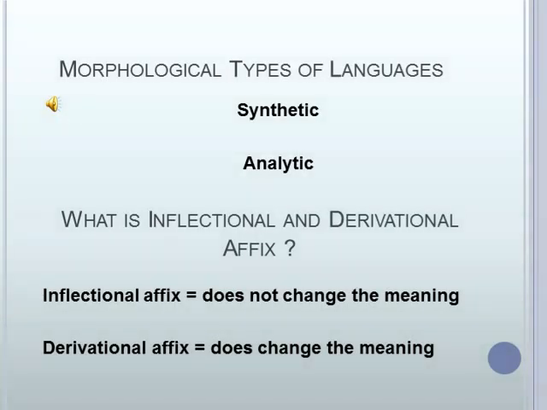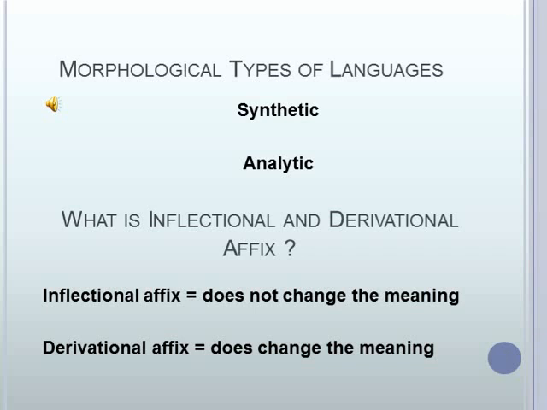Morphological types of language: synthetic, which is made up of free morphemes only, and analytic, which uses affixes as bound morphemes attached to other morphemes to create a new word that has several meaningful elements.